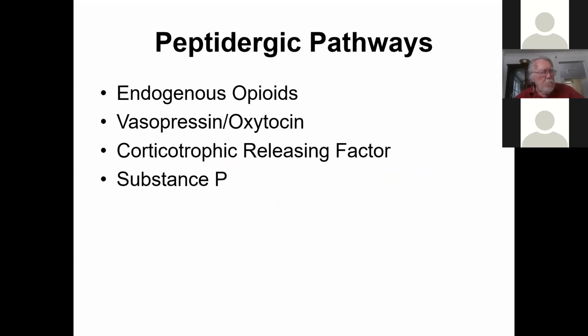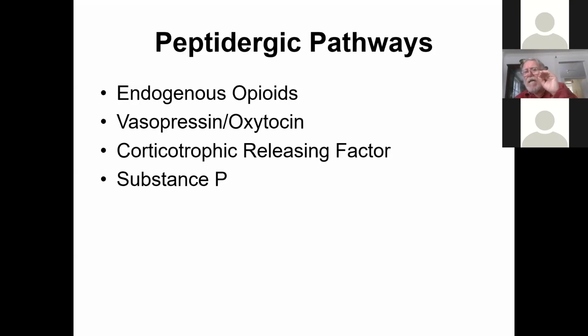So in the mid-1970s, one thing we also knew was that with the classic neurotransmitters, what do we have? We have the histamine, the acetylcholine, the serotonin, the dopamine, and the norepinephrine. All of these are derived by what?